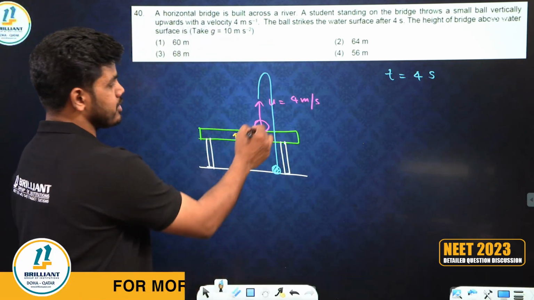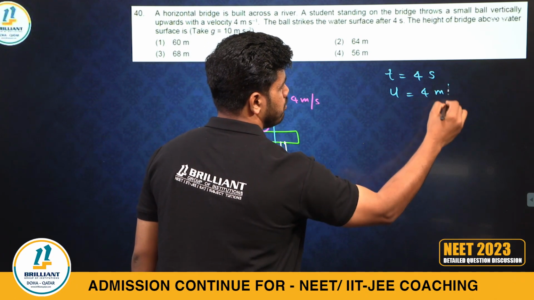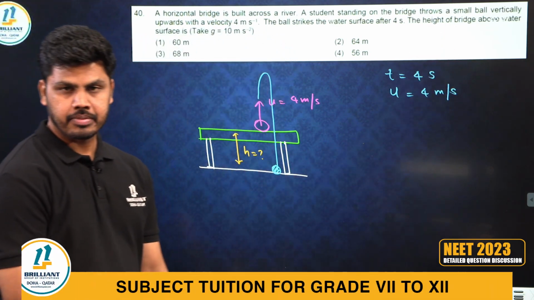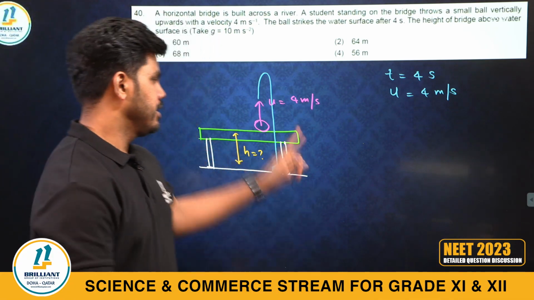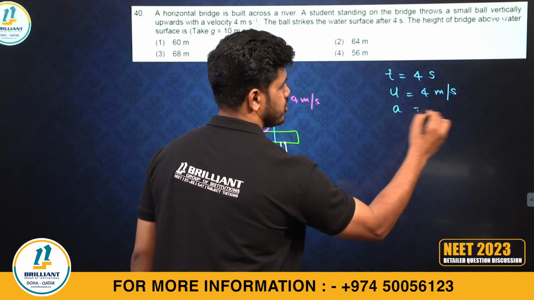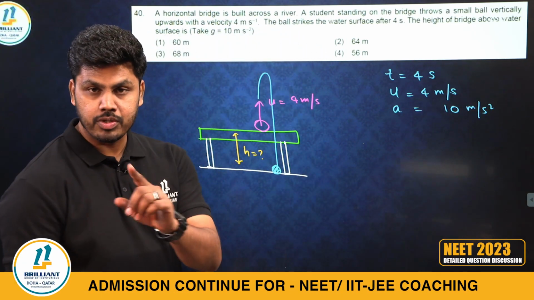The body is thrown vertically upward. U, initial velocity, is 4 meters per second. That is also given. It is motion under gravity. We know acceleration will be acceleration due to gravity, 10 meters per second square. And we have to assign the signs here.